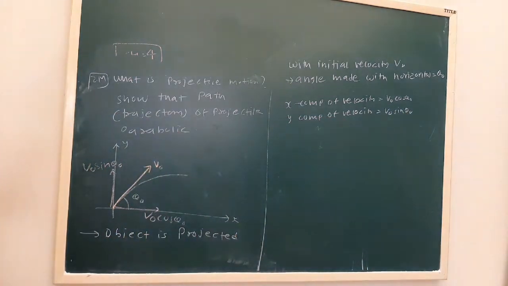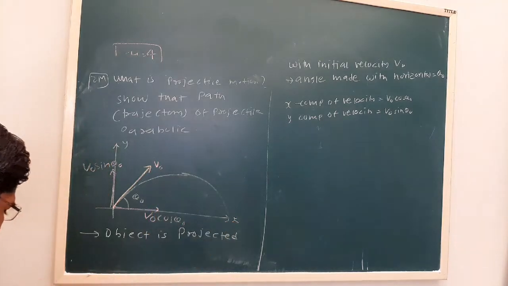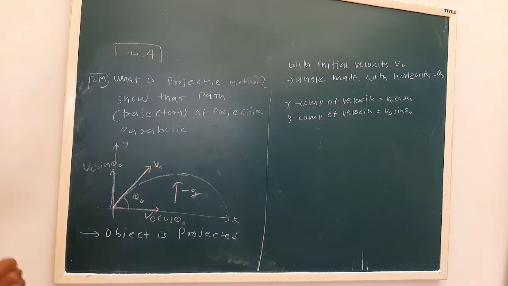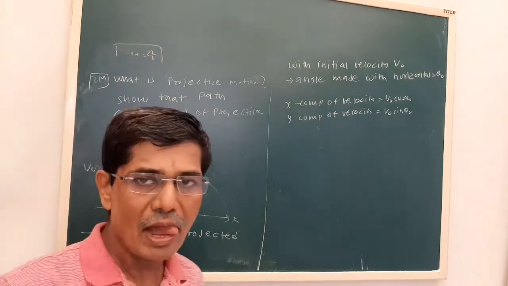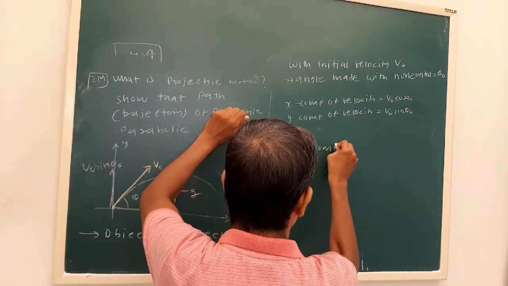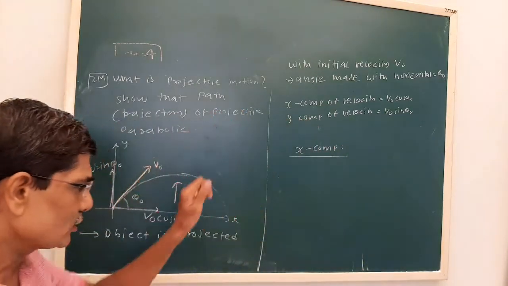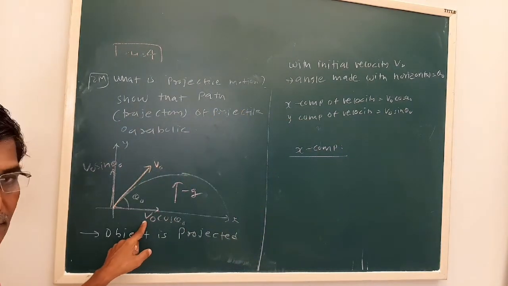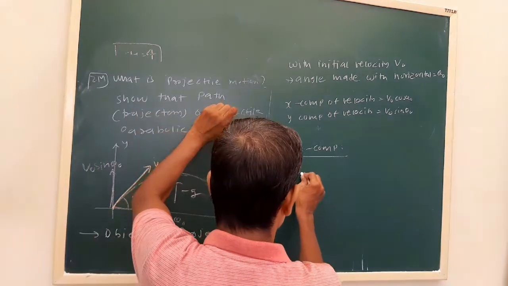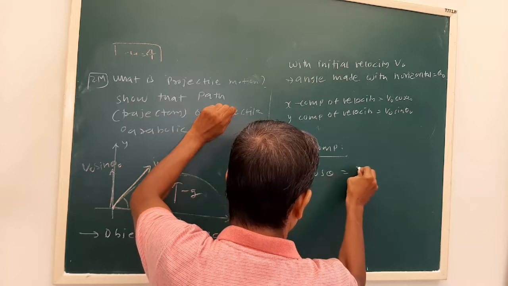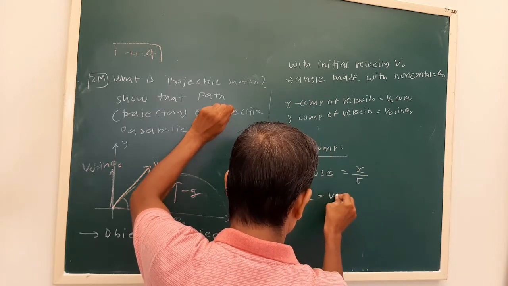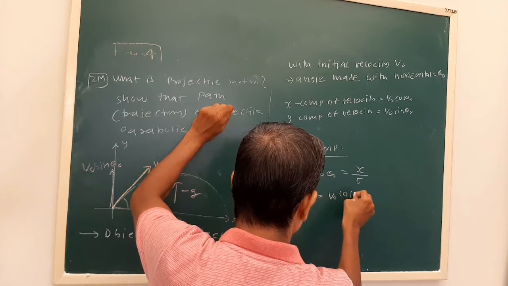Now see, the vertical acceleration is g, that is gravitational acceleration. First we write the x component. The x component is constant. It is not affected by any acceleration. So the displacement is x, so x is equal to v0 cos theta times t.